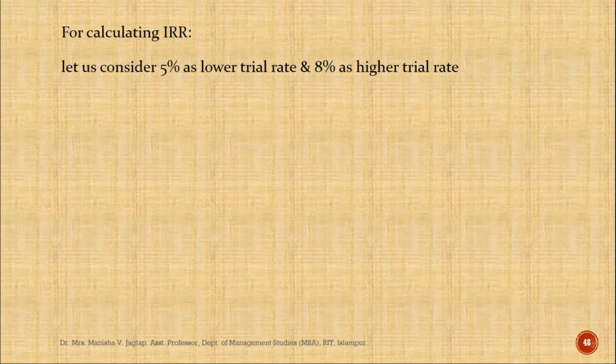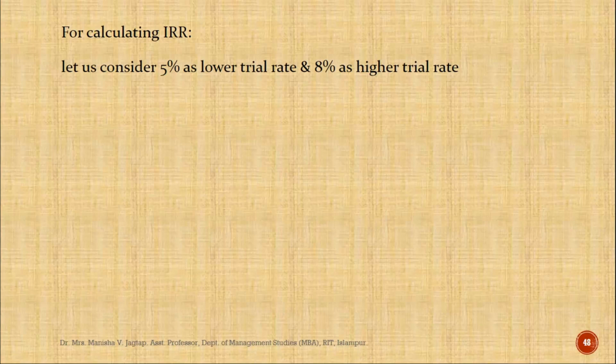So by a trial and error method, we will assume some percentage as a lower trial rate and another percentage as a higher trial rate. And by applying the same formula which we have used in net present value method, we will try to calculate present value of cash inflow after tax before depreciation.